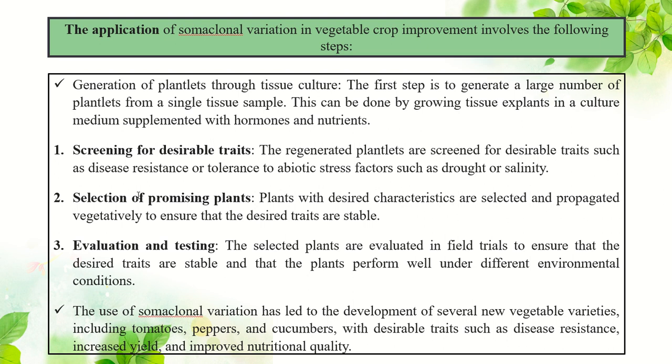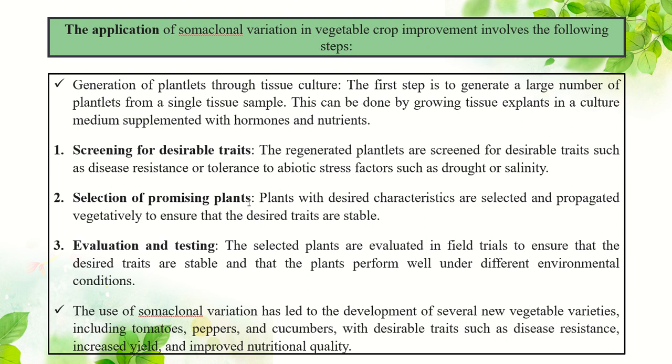Whether the callus is generating or not. If it is not generating, it means it is susceptible to salinity. So screening for desirable traits is possible in plant tissue culture or somaclonal variation.